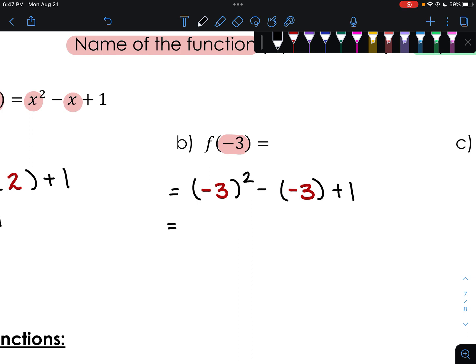Negative 3 to the second power is a positive 9. Minus a negative 3 turns that into a positive 3. A double negative turns into a positive, plus 1. So 9 plus 3 is 12, plus 1 is 13. So f of negative 3 is 13.